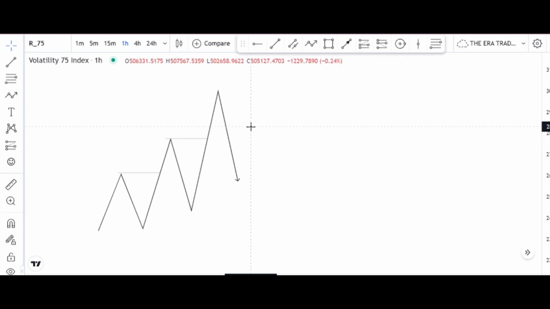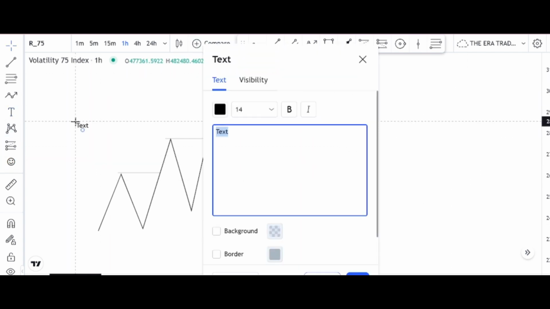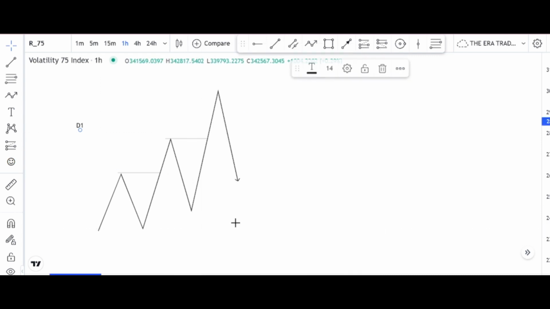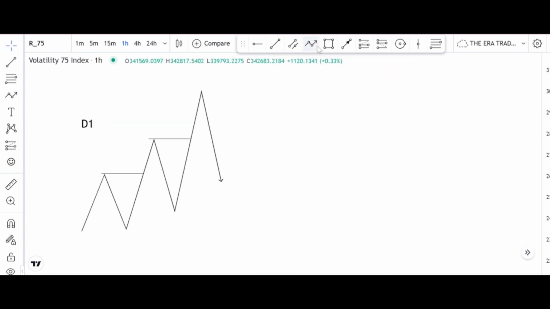And if you go to the daily time frame, you'll be seeing it as clear as this. But on the 1 hour time frame, you see something like this. This one leg will be in this form.